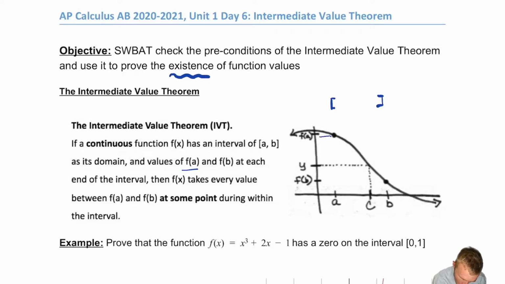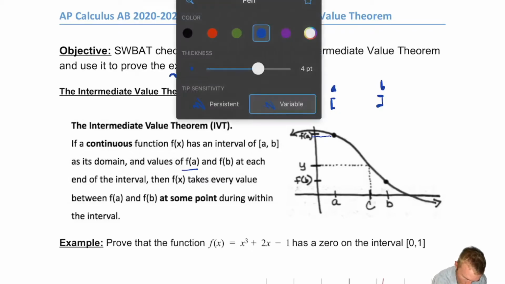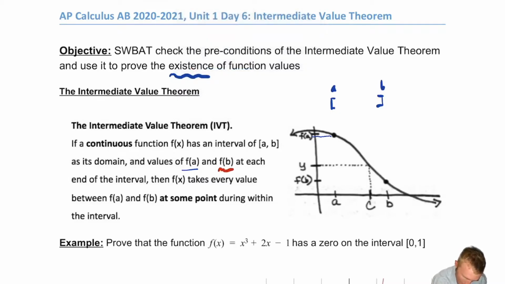F of a is right there, if this is a and this is b. And f of b, draw straight over, there's f of b. At each end of those intervals, so from a to b, then f of x must contain every single value between f of a and f of b at least one time.